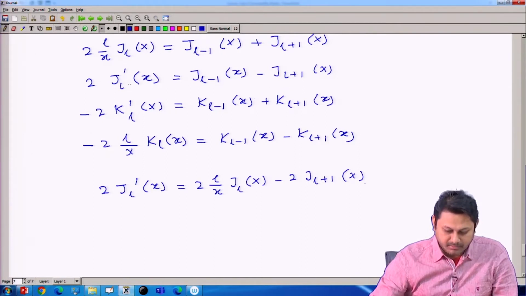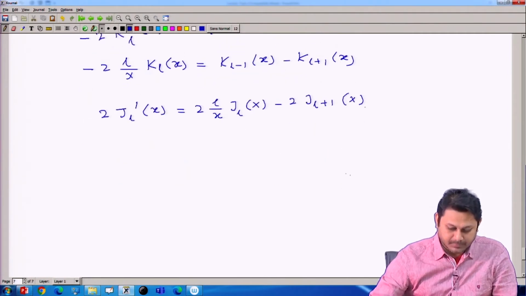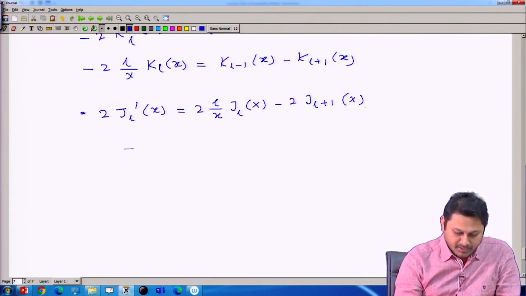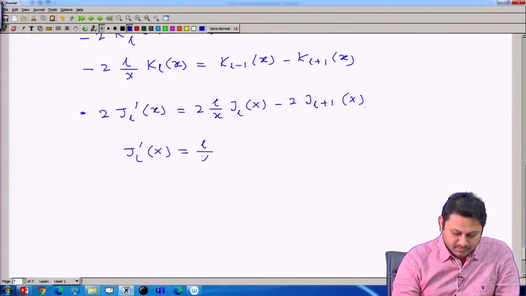If I use 1 and 2, then I can have this one. So my J L x is simply L x J L x minus J L plus 1 x.